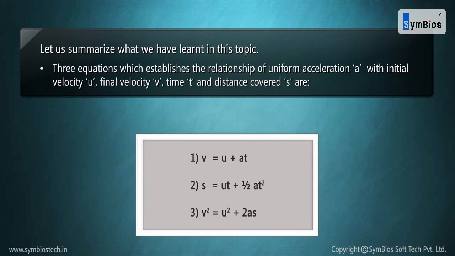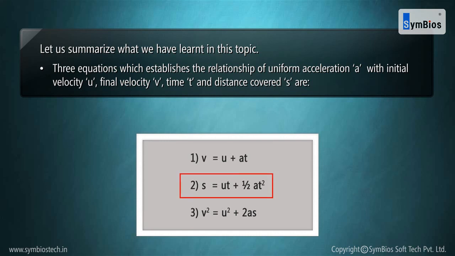Three equations which establish the relationship of uniform acceleration a with initial velocity u, final velocity v, time t, and distance covered s are: equation 1, v is equal to u plus at.